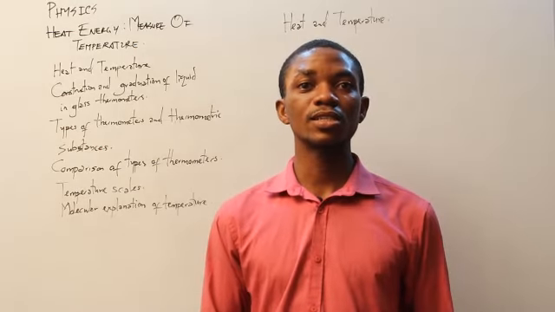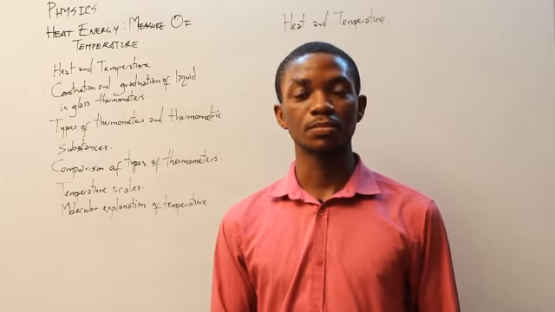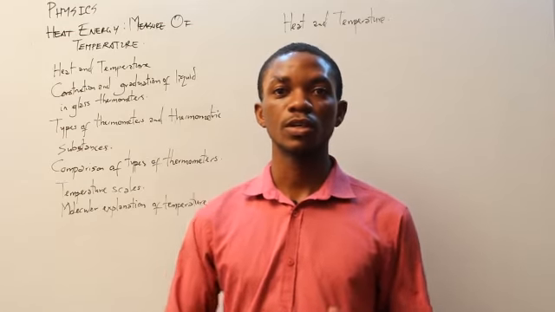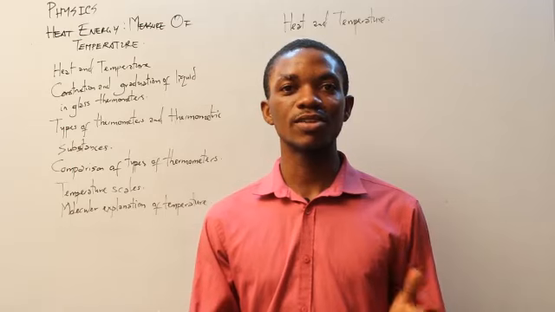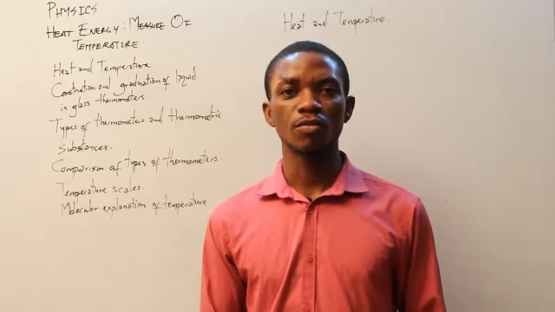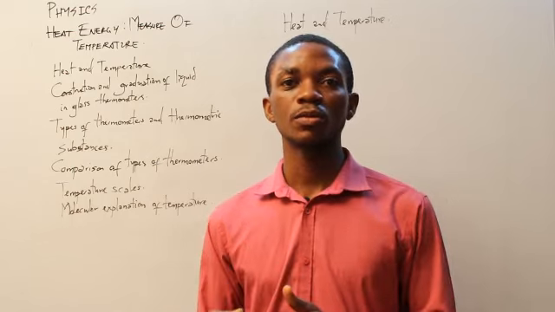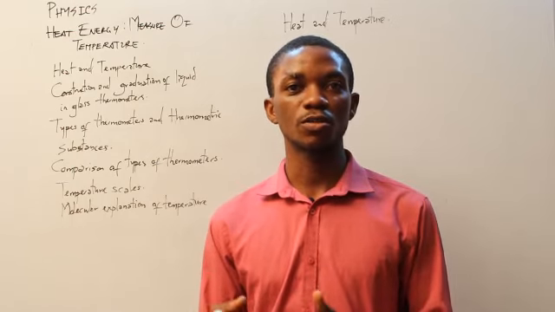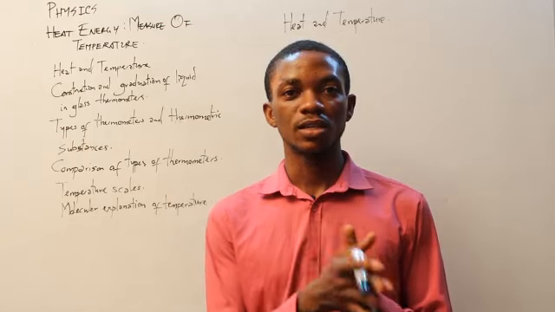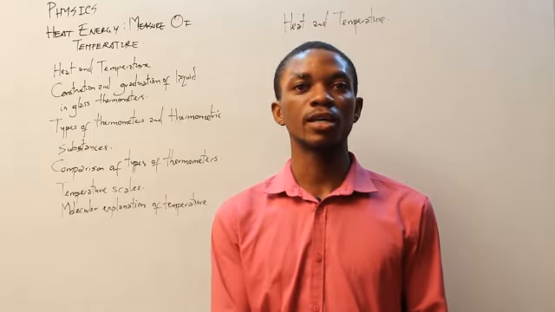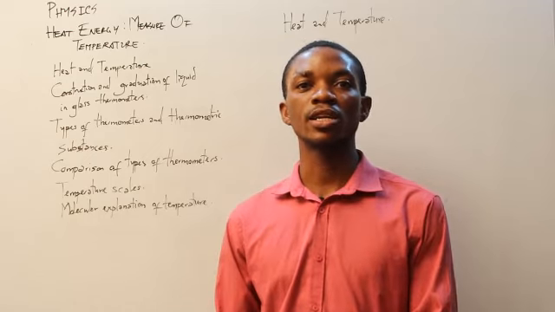So let's consider the differences between temperature and heat. A table will be on your screen in a few seconds showing the differences between temperature and heat. From that table you would see that temperature is a measure of degree of hotness or coldness of a thing, but heat is not. Heat is actually a form of energy, thermal energy. Temperature is not an energy.